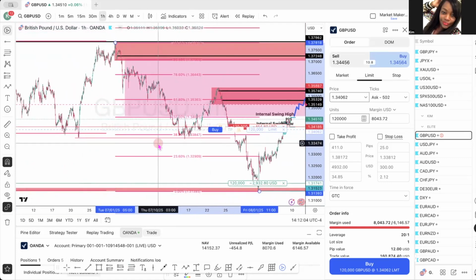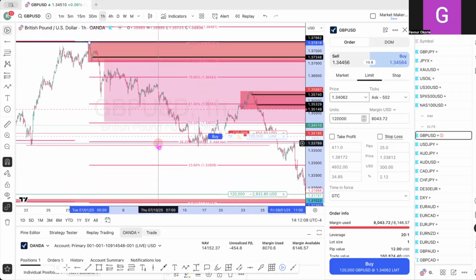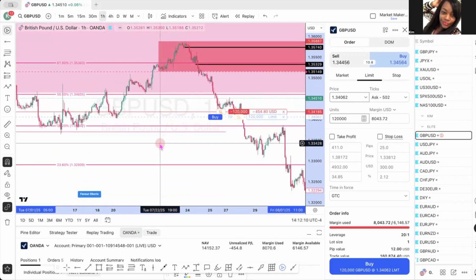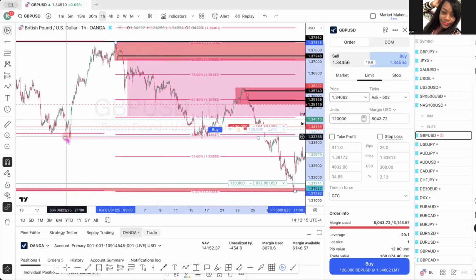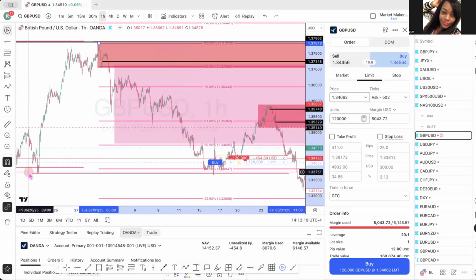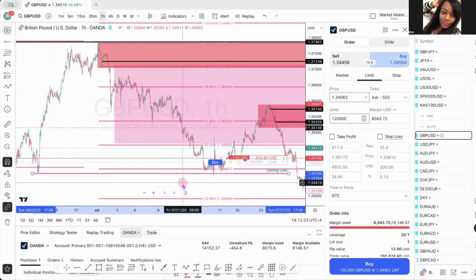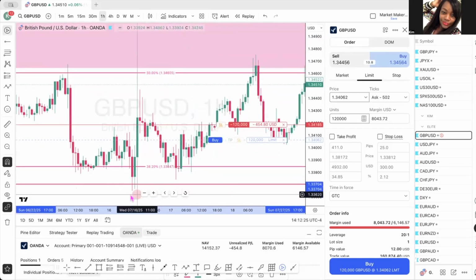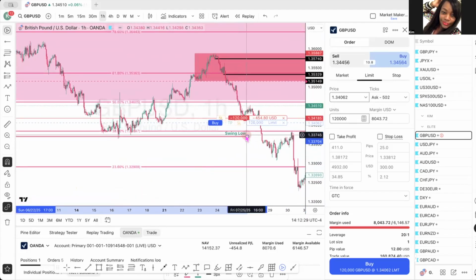Price never broke this 1 hour until, oh, wait a minute, hold on. I'm looking at it differently. Oh, no, it didn't. So this is my swing low here, right? And let me just mark it up as my swing low. Price never closed until right here.